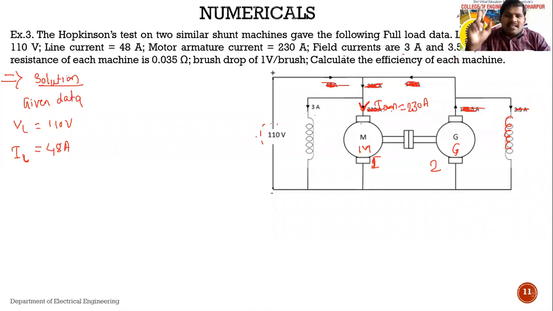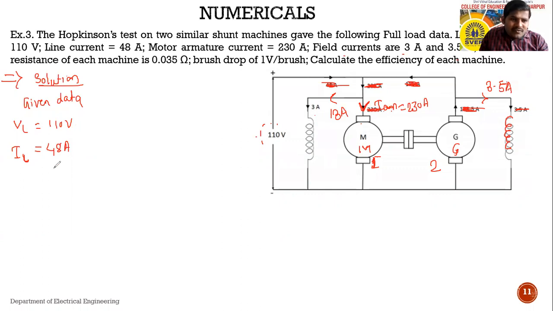The first machine has a field current of 3 ampere, and the field current of the second machine is 3.5 ampere, right?